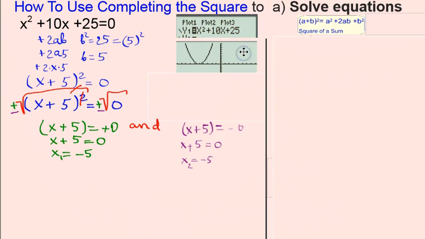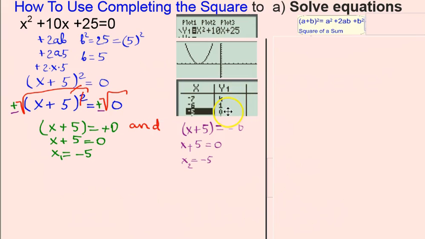We will be able to plot it, and you see now the vertex indeed intersects the x-axis at the only point right here, and you could verify that fact by using a table on your calculator. There will be only one value of x that has a corresponding value of y equals 0. That value of x would be minus 5, which is exactly the root that we identified. So our final solution is -5.